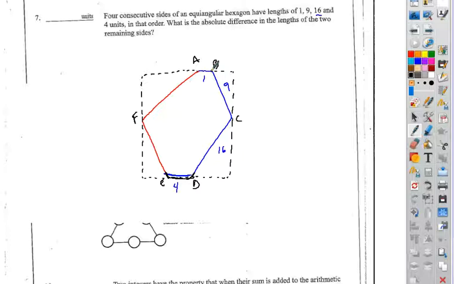And I'm going to call these W, X, Y, and Z. And for my missing side lengths, let's call this K, which is the best letter in the alphabet, we all know, and J. All right, and to make life a little bit easier, let's start looking at the angles.